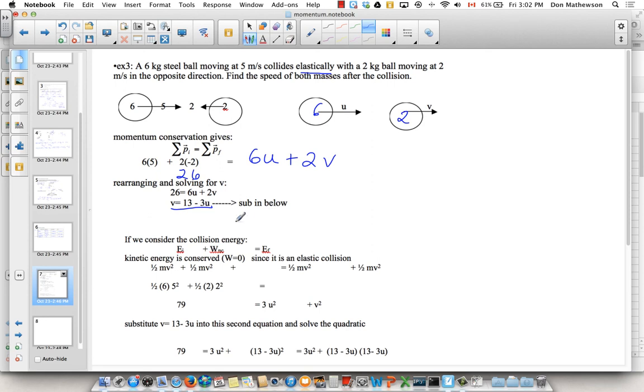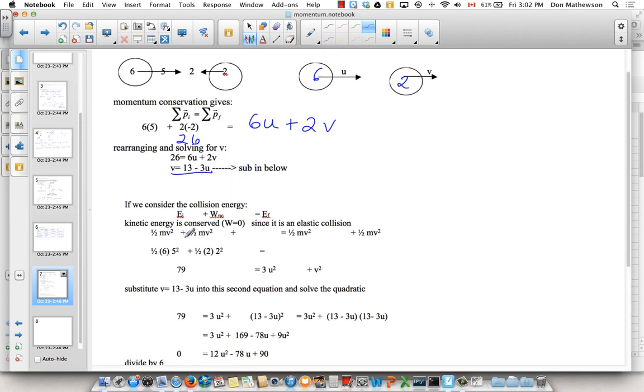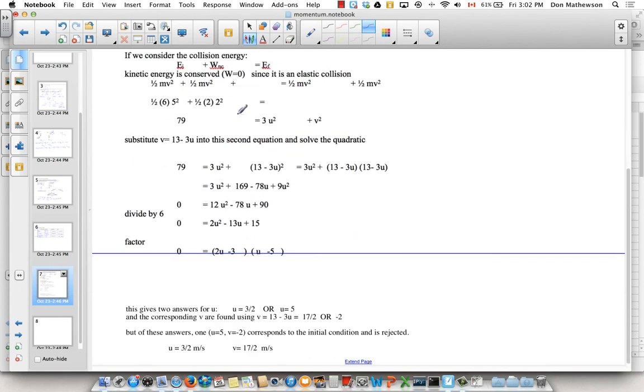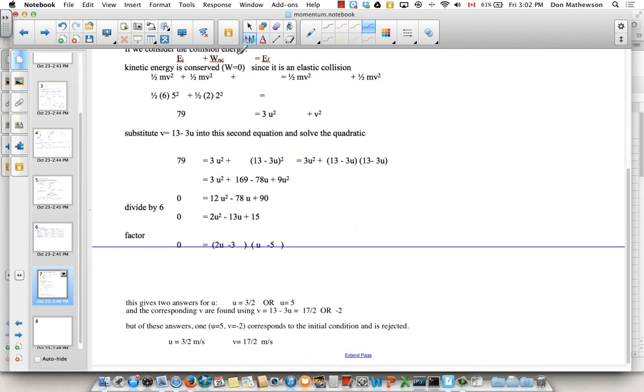That comes from energy. Here's the work-energy theorem, and we're told that it's elastic. That means that there's no loss of mechanical energy, and this term is 0. Now that's only true for elastic collisions.